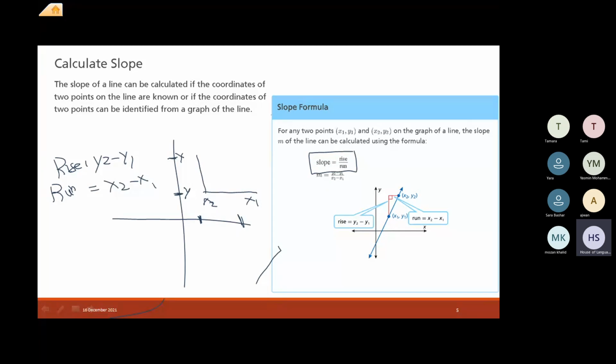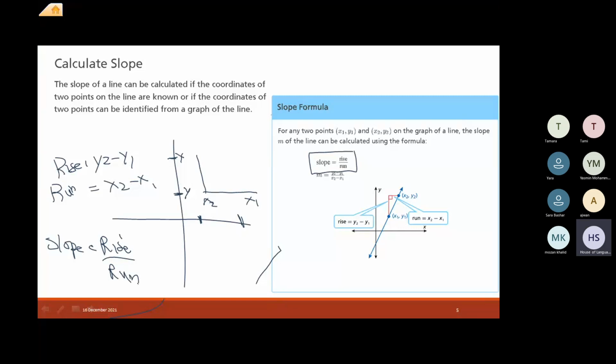So the rise is y2 minus y1. By rising I mean that I am going upward or downward. Running, I have to go to the left or to the right. So run is x2 minus x1. Then after that, they said that the slope is the rise over the run.